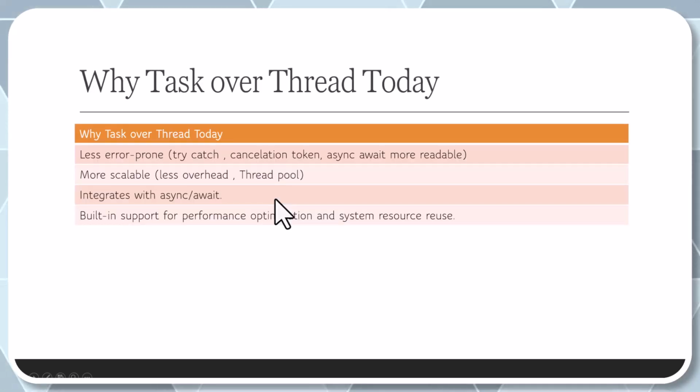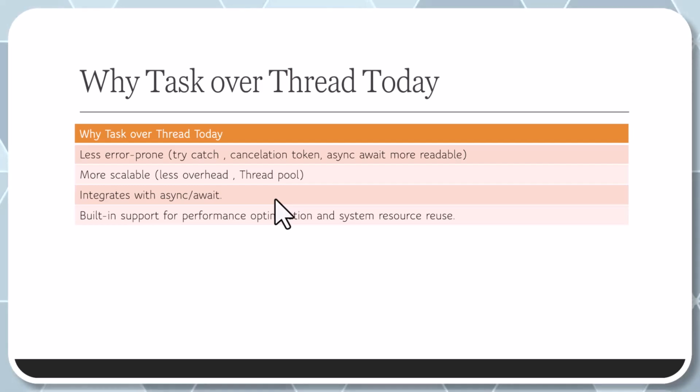So why task over thread today? It is less error prone. The try catch is simpler to write because of async await usage. We have cancellation token support, so we can cancel the operation gracefully, and it's under our control. Usage of async await makes the code more readable.